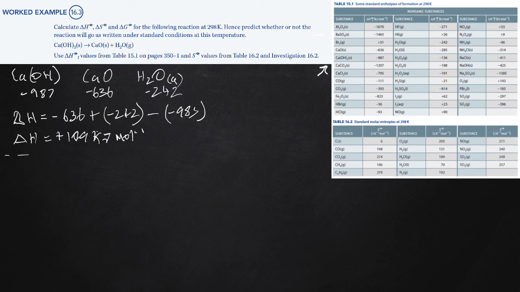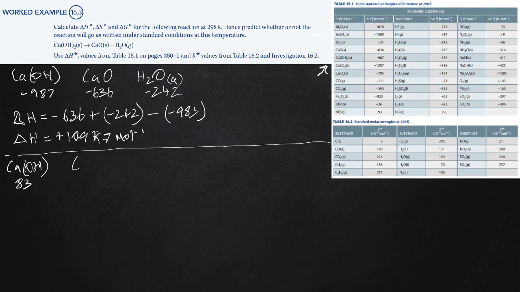So now that we've done our calculation for change in enthalpy, let's use the table and get our entropy values. So let's work out delta S. Remember, working out delta S is very similar to enthalpy. We take the sum of the entropies of the products, and from that we minus the sum of the entropies of the reactants. So we've got calcium hydroxide, and that has entropy of solid 83.